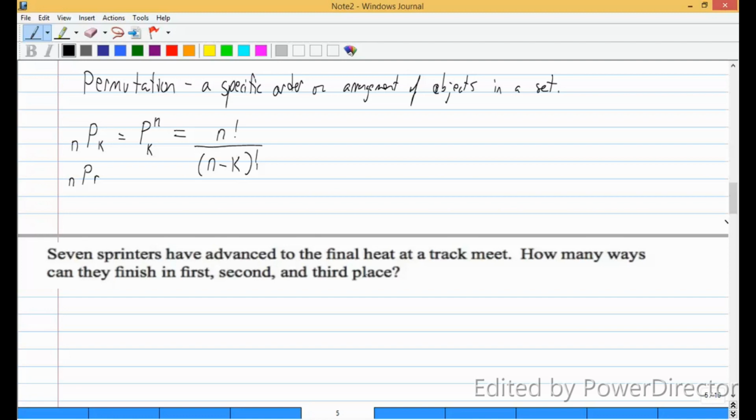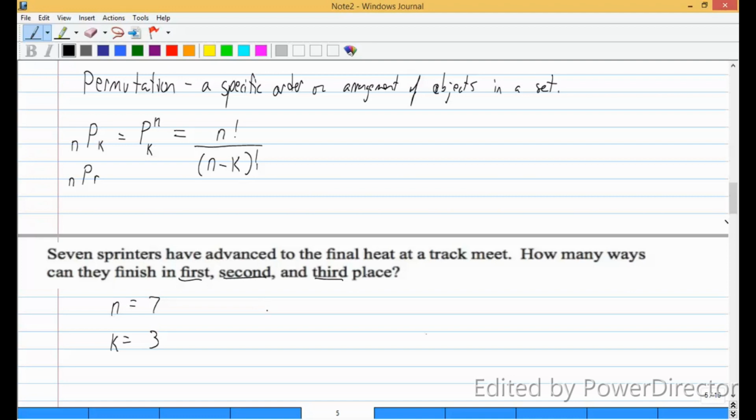So, how many sprinters do we have? We have 7, right? So n is going to be equal to 7. That's just the number of sprinters. That's not n factorial, that's just n. Now, how many places are we looking at? First, second, and third place. Okay, so our k is going to be equal to 3.